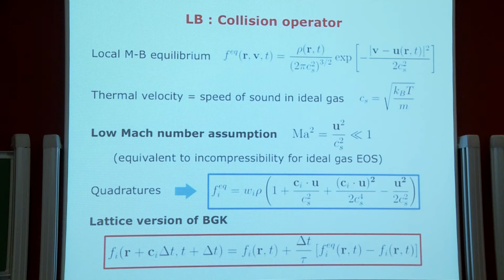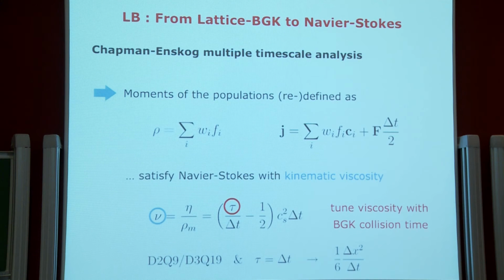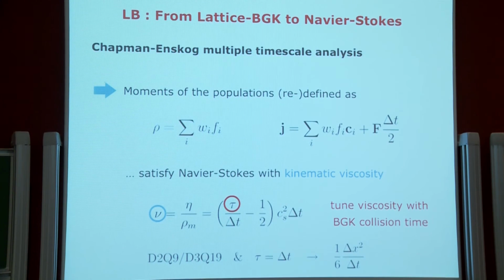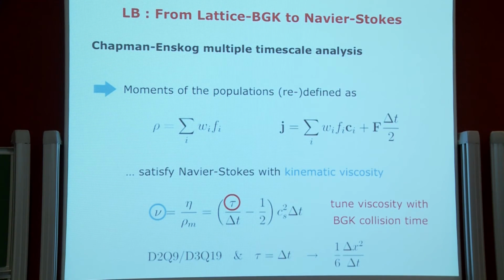So before going into the details of the algorithm in practice, let me first tell you that just as the continuous kinetic BGK equation gives you the Navier-Stokes equation, you can show that the lattice version of the BGK operator, the Lattice-Boltzmann, gives you indeed mass conservation and momentum conservation in the form of the Navier-Stokes equation. You do the same multiple time scale analysis, which is called the Chapman-Enskog analysis.